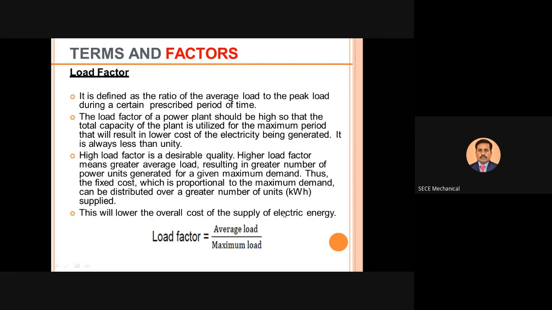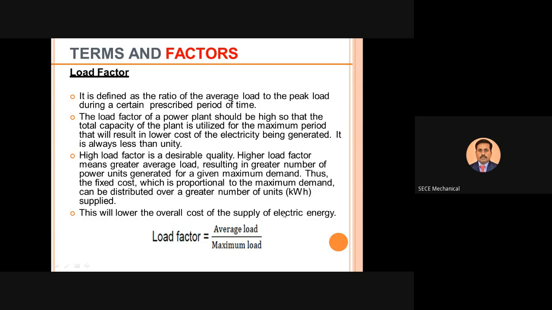So load factor is nothing but the ratio of average load to the peak load during a certain prescribed period of time. You have to take a prescribed time: January to December, or from night 12 to the next day night 12, or maybe from Monday to Sunday.